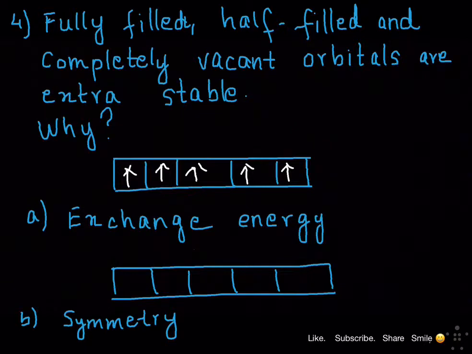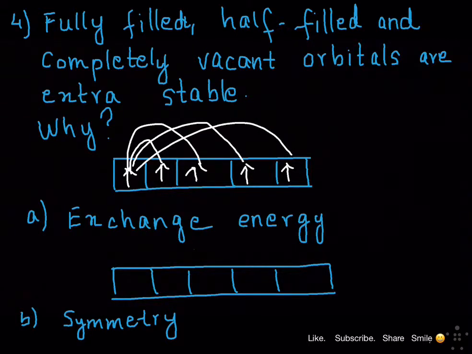Now when these electrons have the parallel spin, they can keep shuttling. It's like you are confined to this hall, and there are 5 children which are put in a room. So what they can do is they can keep on changing places. So 1 change, 2 change, 3 change, 4 change.